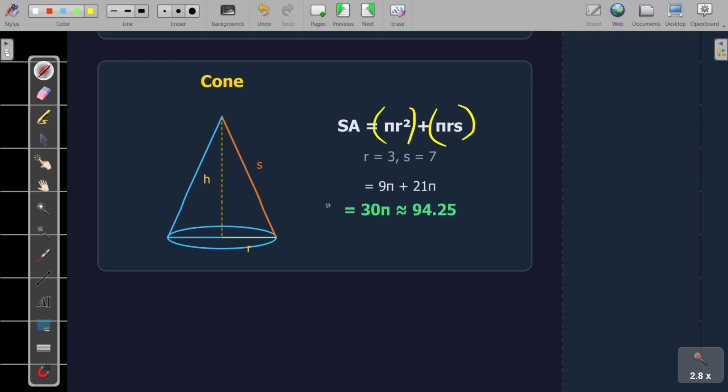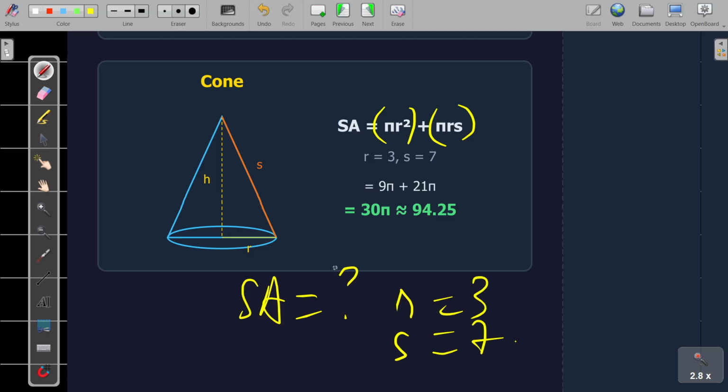And the problem would be something like find the surface area of a cone with a radius of 3 and a slant height of 7 or something like that. And so we just need to plug and play, substitute them together because we know the variables. We know what r is, what s is, and possibly even know what h is as well.